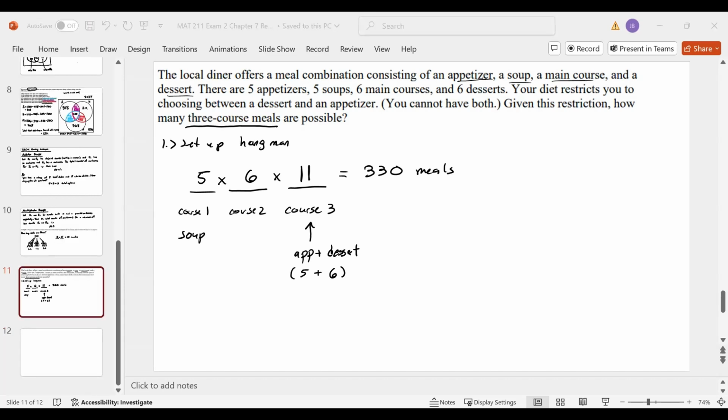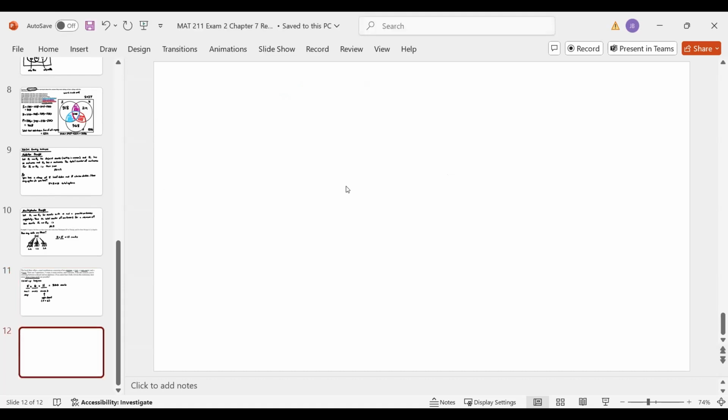So this kind of idea leads into permutations. Okay, so we can start talking about permutations and the fundamental theorem of counting.